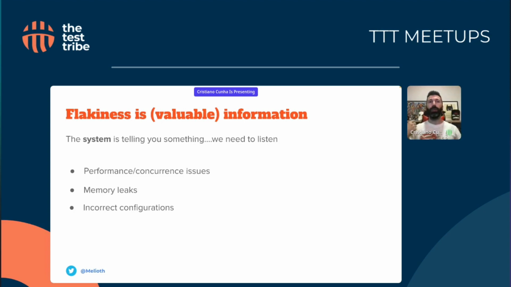And if you don't apply the right configurations to the right environments, you will see that your application will start not behaving like it should. And sometimes it kind of works and you don't know why, and it fails and you don't know why. So configurations are also something that you need to consider. But again, you need to listen to what the system is telling you.